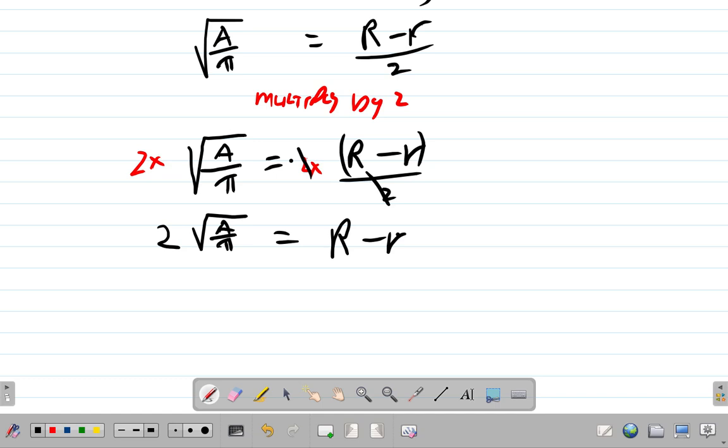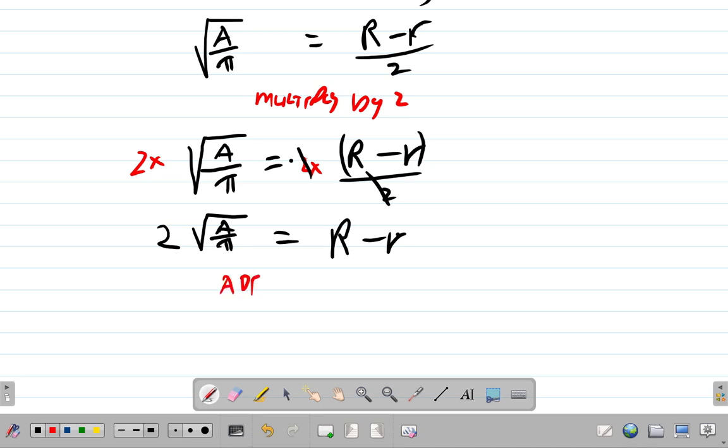Remember now, what they say you must make the subject is big R. So you move small r. Well, there's no mathematical operation known as move. You can add, subtract, multiply, or divide. What you're going to do in this case to get rid of the small r from being mixed up with the big R, you are going to add.